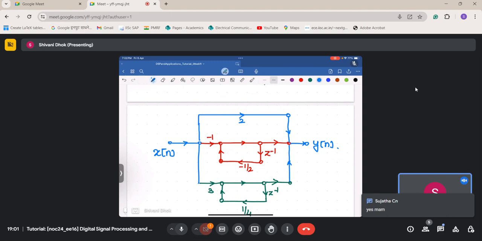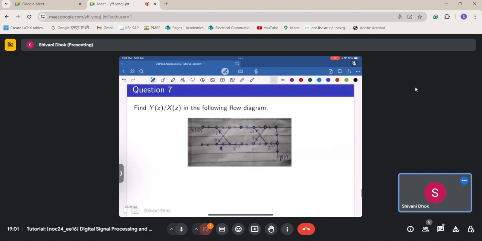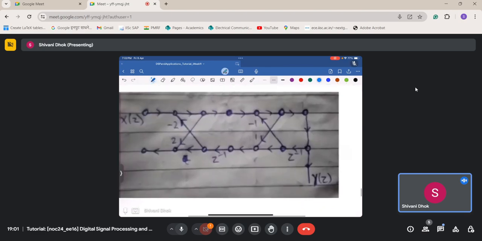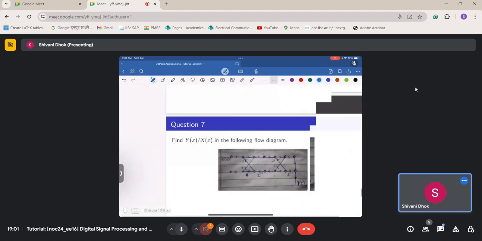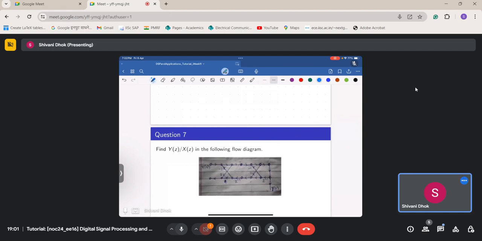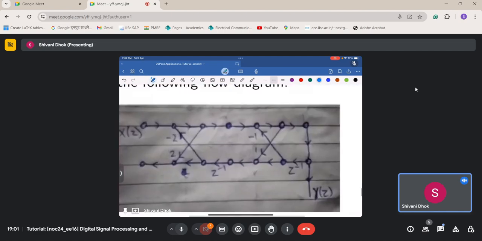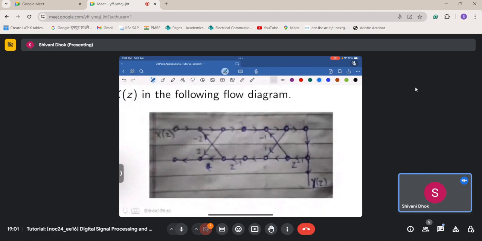So if there are no questions, then let me just quickly move on to the next question. So this is the next question that I am having here. It says: find y of z upon x of z in the following signal flow diagram. This is the signal flow diagram that is given to us. Let me just mark things properly for you. This is x of z.